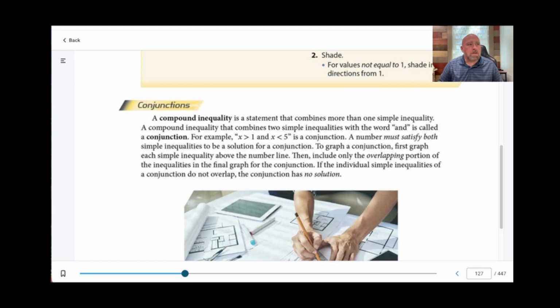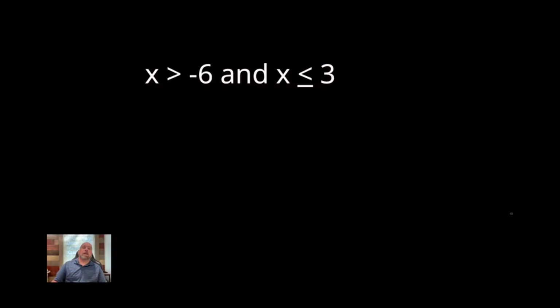Bottom of page 127, conjunctions, a compound inequality. What does that mean? Same thing it means in English. A compound sentence is connected with the word and. Well, here, our inequality is connected with the word and. Okay, so this is compound.